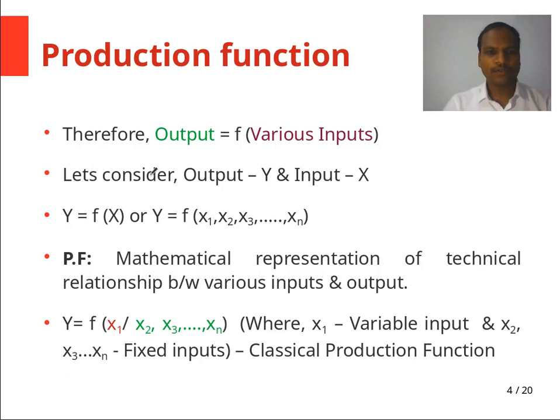So let's see about the production function. We know that these various inputs are the causes of a particular output. So we can say that this output is a function of various inputs.